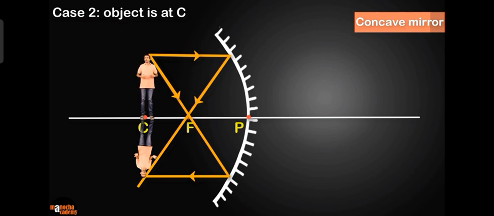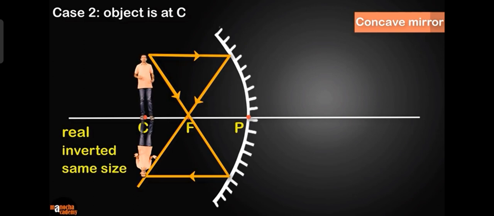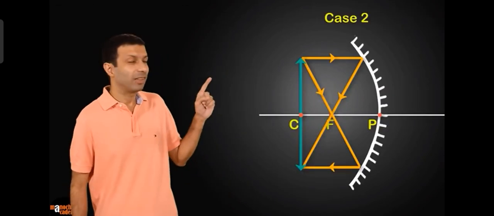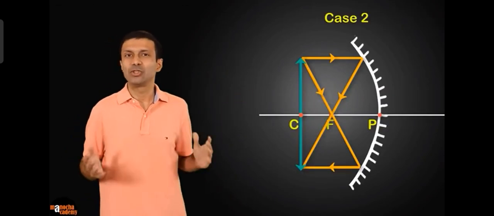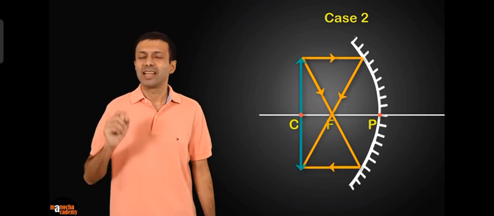What is the nature or properties of the image? It's real and it's inverted. It's the same size as the object, so the same height as me, and its position is at the center of curvature.